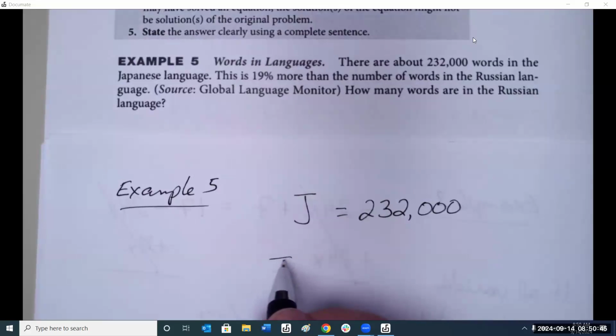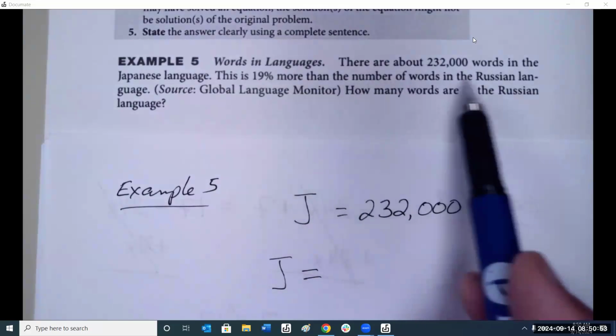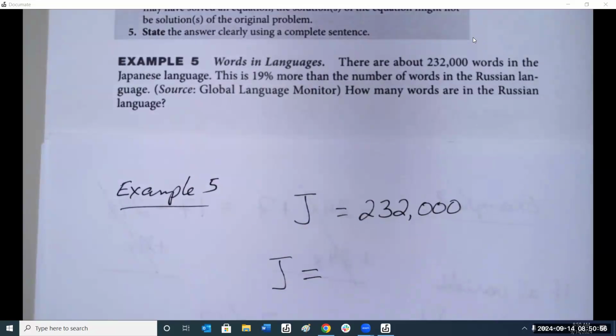The Japanese language, 232,000, is the reference, equal sign, 19% more than the words in the Russian language. So you have the number of words in the Russian language. More than means what in a math statement? Is it a plus, minus, times, or division? It's plus.